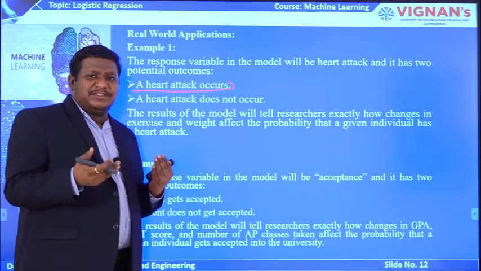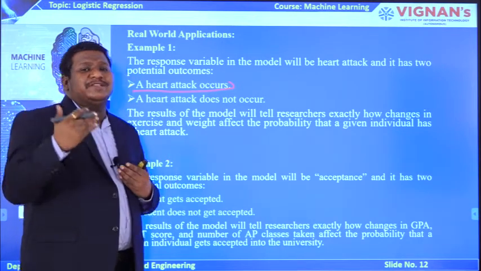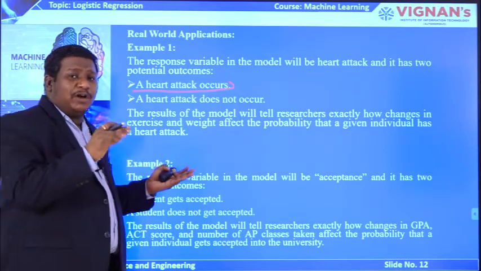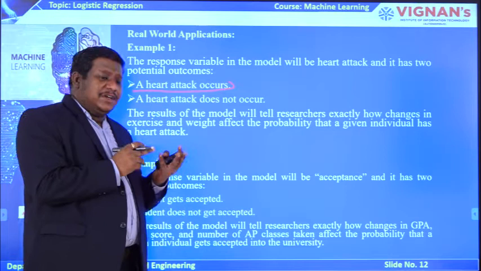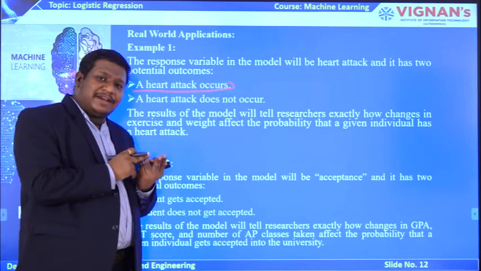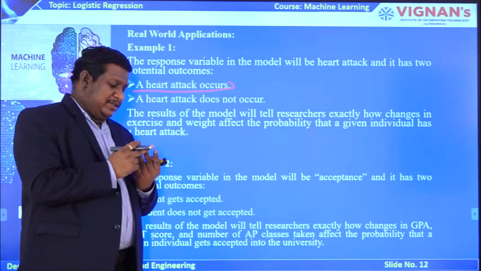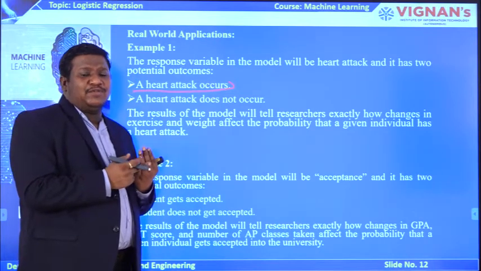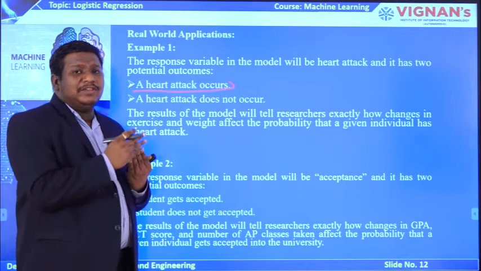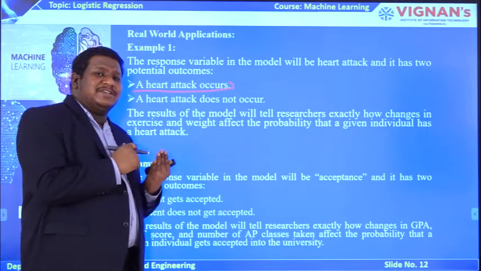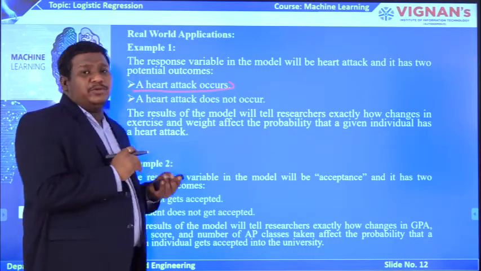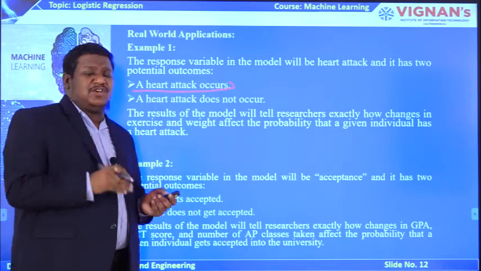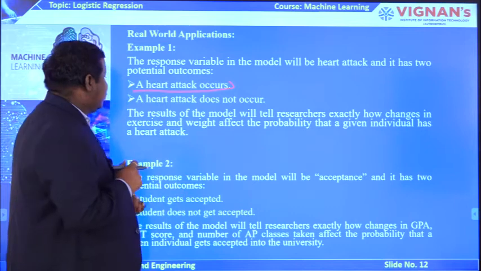The output of that function is whether the student gets admission in higher studies or not, but to analyze the data we use his previous marks, his academic track record, his qualifications, his entry exam marks, and of course, his communication. All these factors we will consider. That is one more real time example.